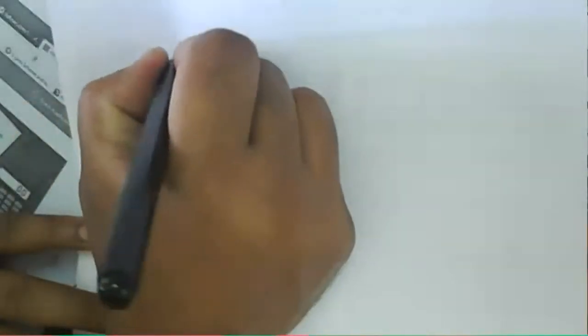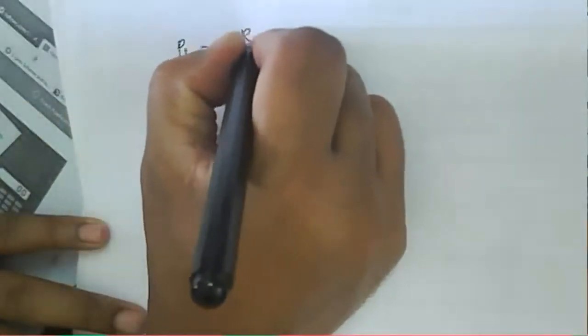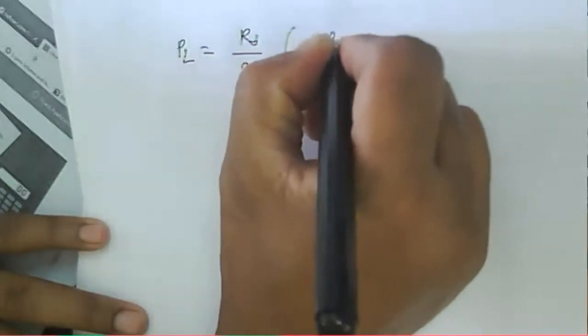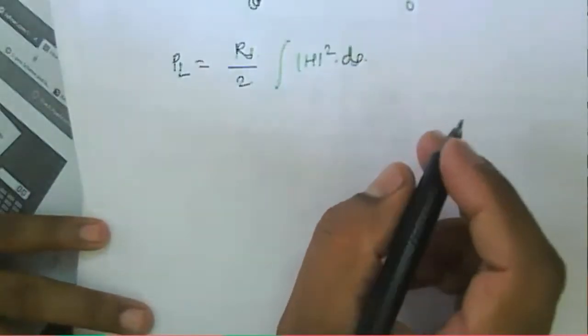So here we can find it in terms of alpha g by the conductivity. That is nothing but the square root of pi f mu by sigma. And we can write the power loss in terms of Rs by 2 integral of H square ds. That is the power loss.